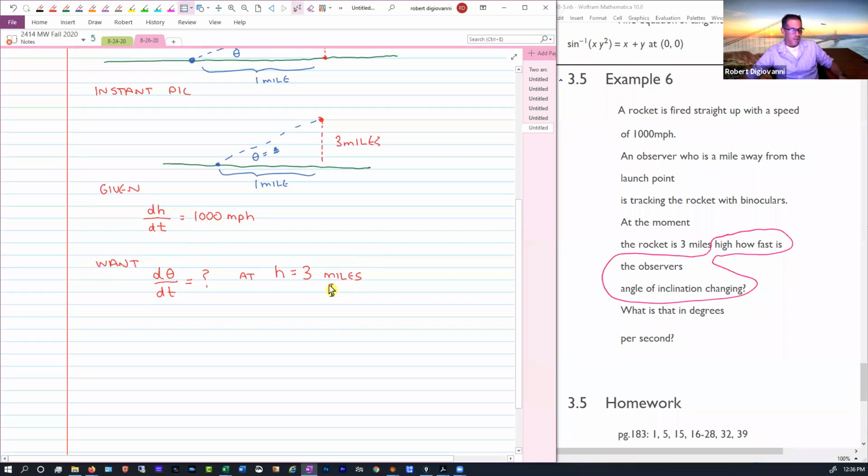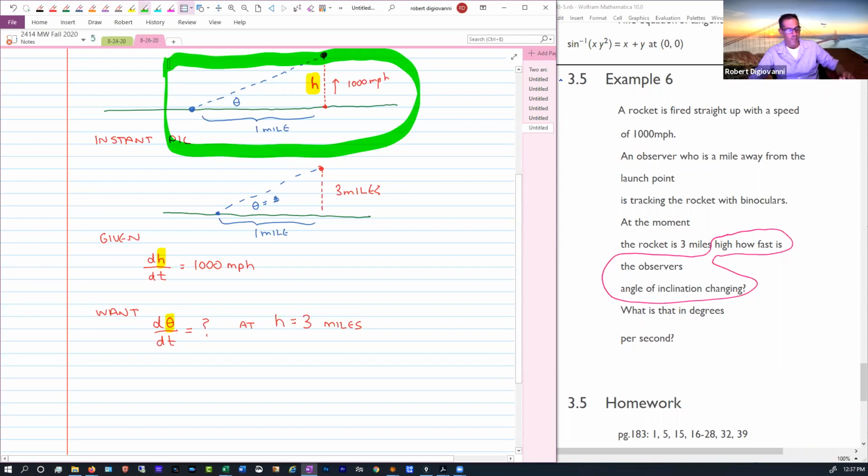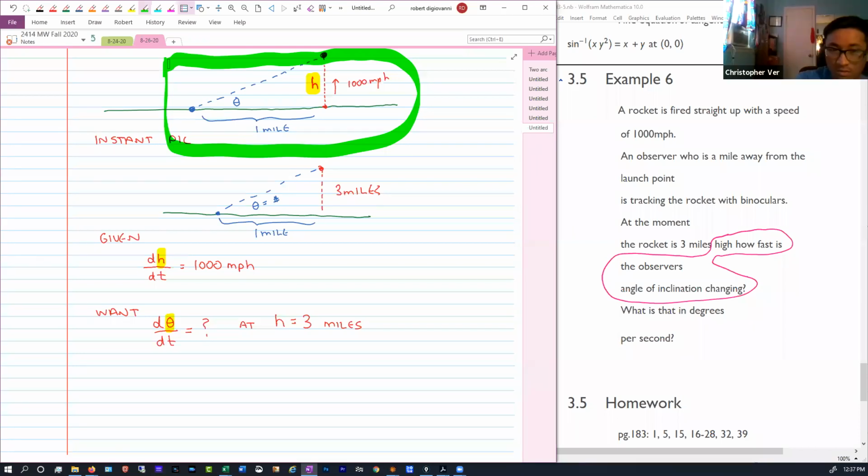Now, at this point of a related rate problem, your next task is to find any equation that somehow relates the variable h to the variable theta. You have to go back and look at your general picture to find that relationship. Can somebody give me any relationship from any class you've taken that connects theta and h together?